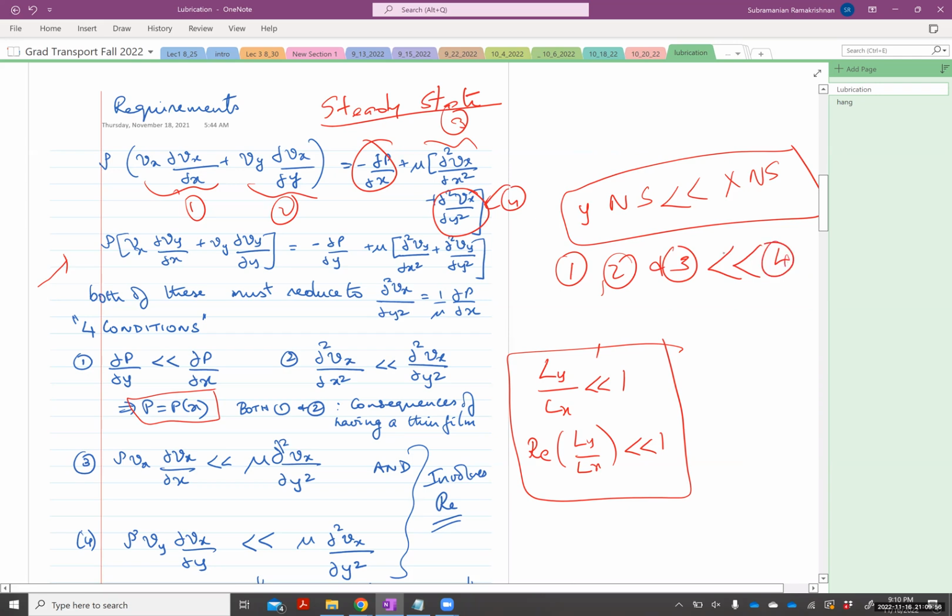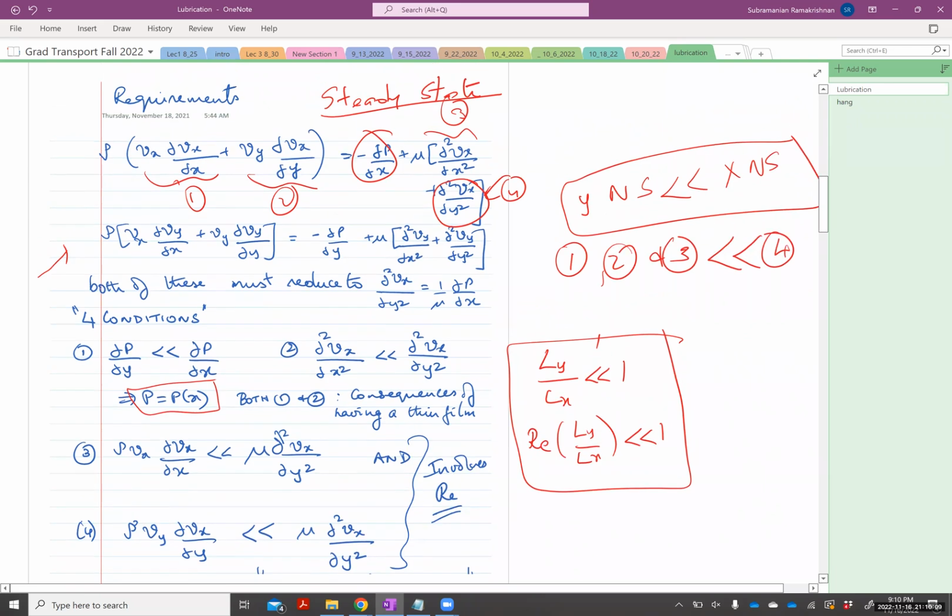If 1, 2, and 3 are much less than 4, when is that valid? When can you say term 1 is much less than term 4? Those are the 4 conditions. For example, ∂²Vx/∂x² should be much less than ∂²Vx/∂y², so 3 is much less than 4. When is this valid? Ask yourself that question.